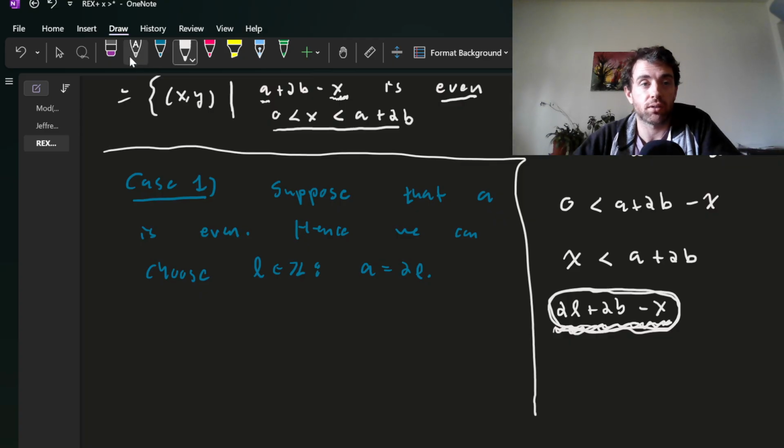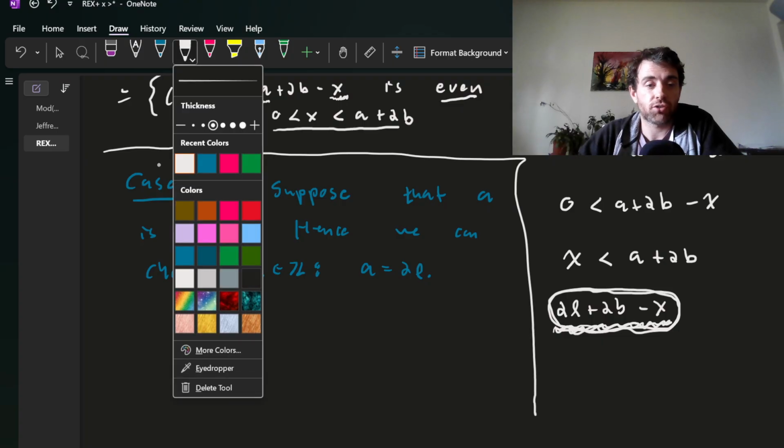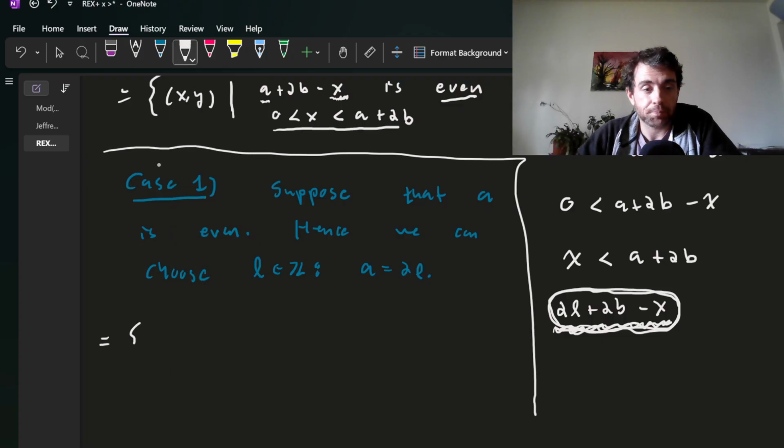So now this whole even condition, simply in the case of a being even, now becomes a condition simply on x being even, right? So I can rewrite the set above again, and in fact, I'm going to rewrite the y over here entirely in terms of x. So x will be 2k, and then y is a plus 2b minus negative x over 2, so that would just become minus k in this case.